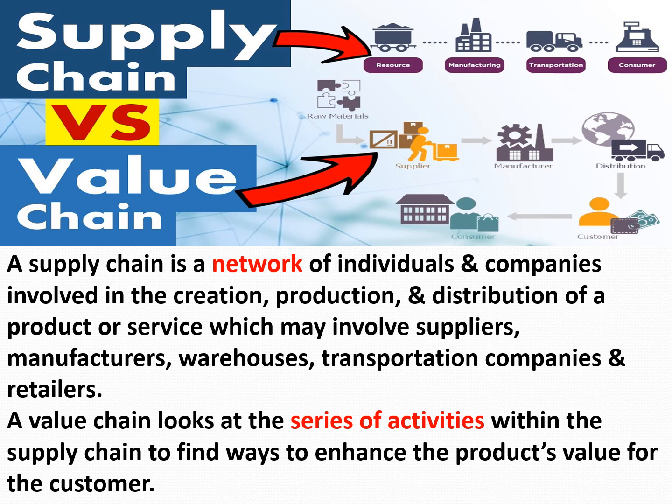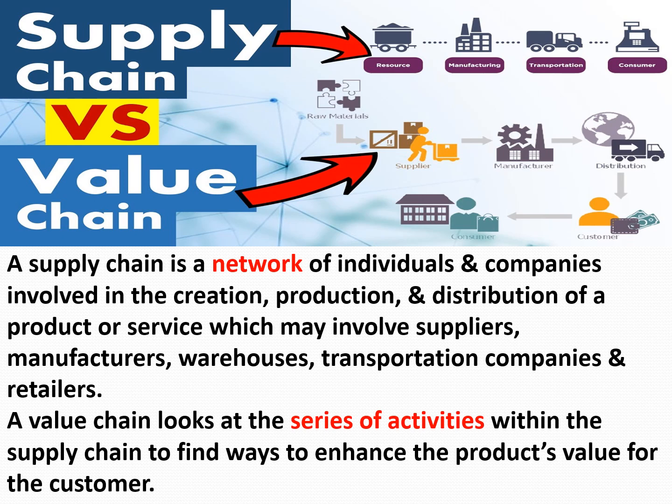The chain may involve suppliers, manufacturers, warehouses, transportation companies, and retailers. Whereas a value chain looks at a series of activities within the supply chain to find ways to enhance the product's value for the customers.